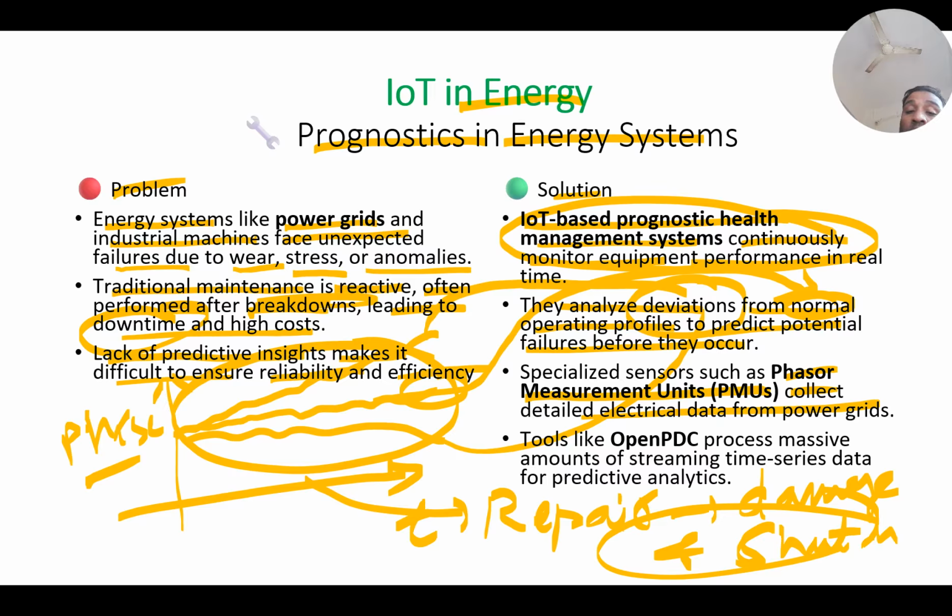This is called a predictive insight, and the same thing is called a prognostic. Prognostic is checking its symptoms before it gets damaged. What is diagnostics?